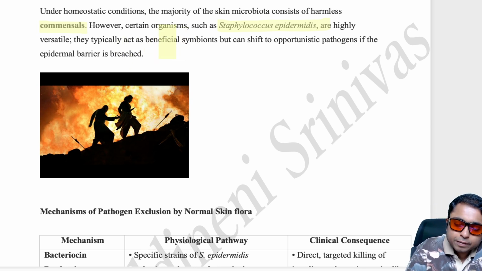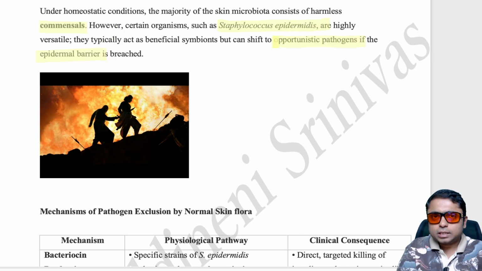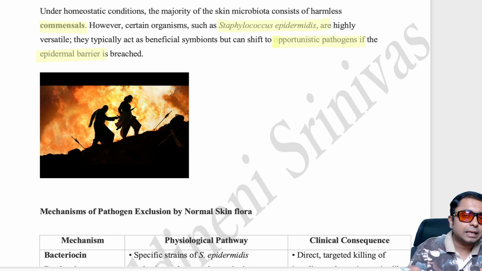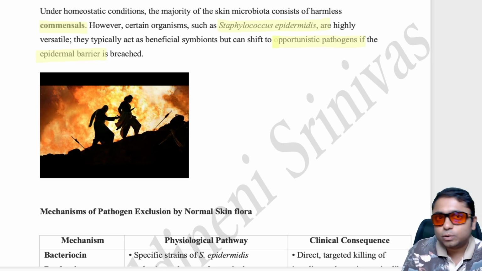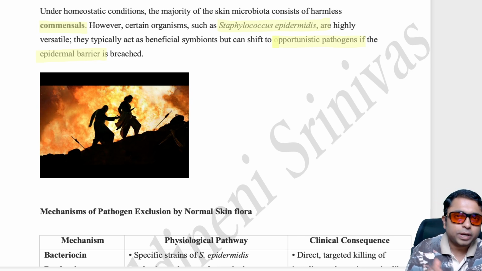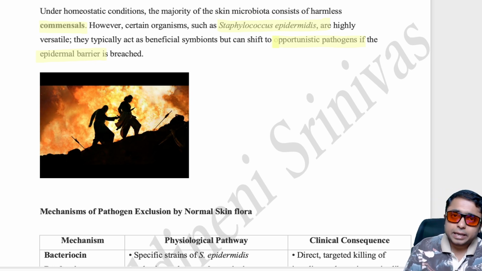But if there is some problem in the barrier function, if it is breached, then they become opportunistic pathogens. Just imagine, analogous to this is Kattappa, who kills Bahubali in the movie. He was very much a mutual friend, a warrior who was a slave in the kingdom, working under Bahubali.